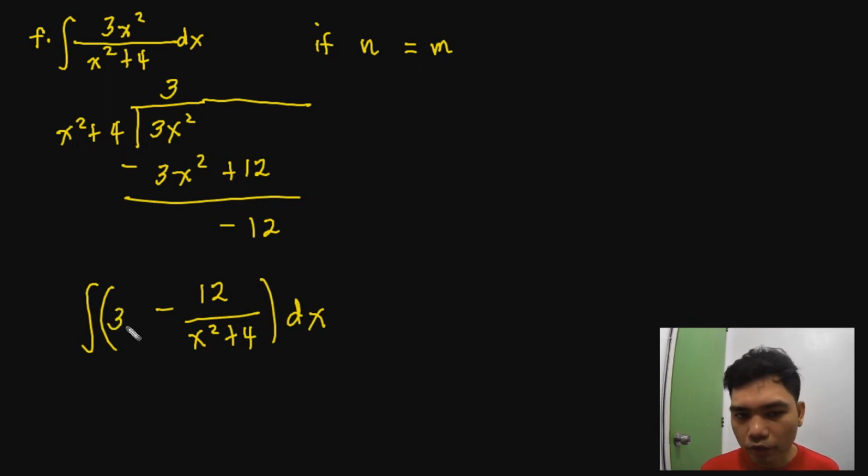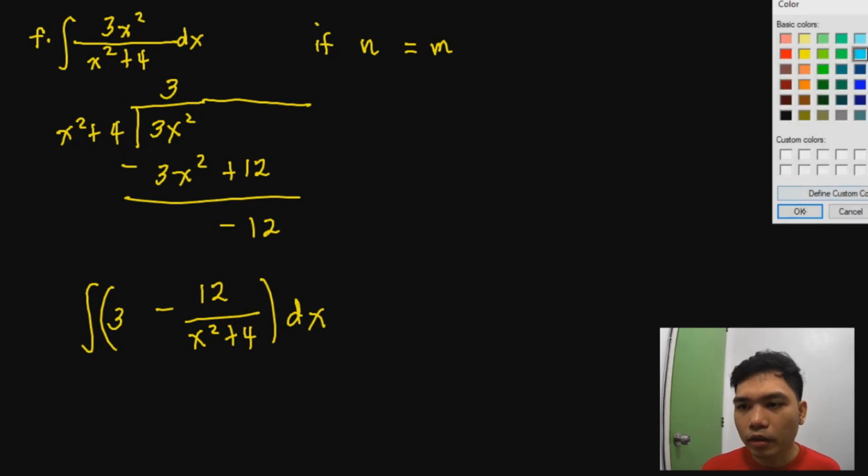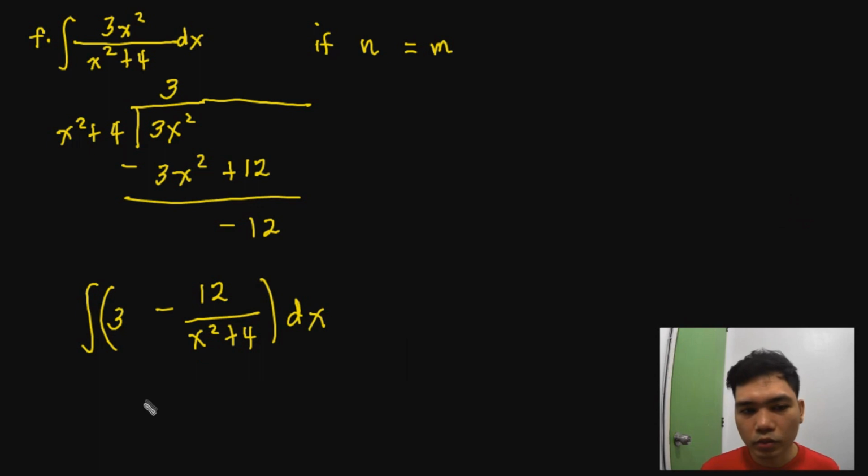The integral of 3, which is a constant, we just copy the constant and attach x, so that is 3x. How about this one? It looks like the one we did before. That's a constant, and x squared plus 4 looks like the denominator of an inverse trigonometric function. So I can just copy 12 and multiply this by 1 over a, because this is the inverse tangent form.